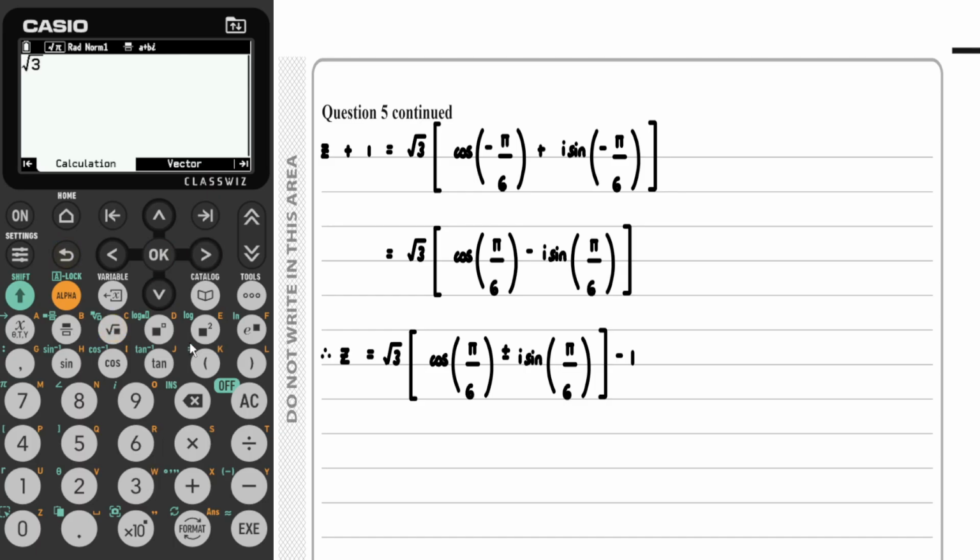We have root 3 multiplied by the cosine of pi over 6 plus i times the sine of pi over 6, and then we need to take away 1 from those, so we end up with 1 plus minus root 3 i over 2.